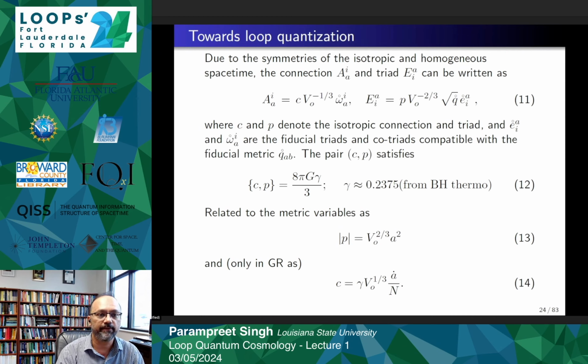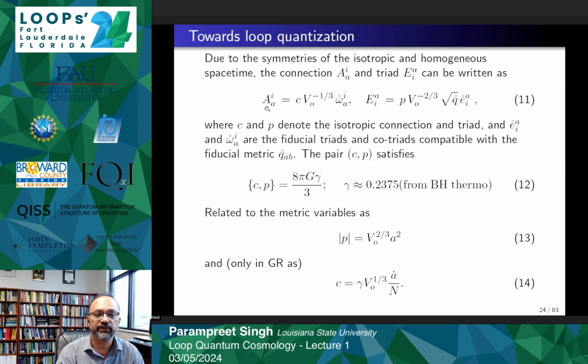So again, a very brief summary. Due to the symmetries of the isotropic and homogeneous spacetime, the Ashtekar-Barbero connection and the triad can be written in this simplified symmetry-reduced form, where V naught is the fiducial volume, and e with a dot and omega with a dot are the fiducial triads and co-triads which are compatible with the fiducial metric.